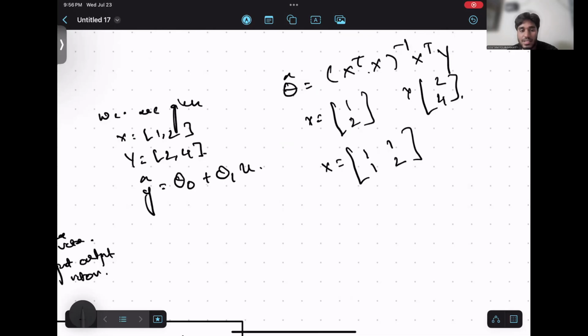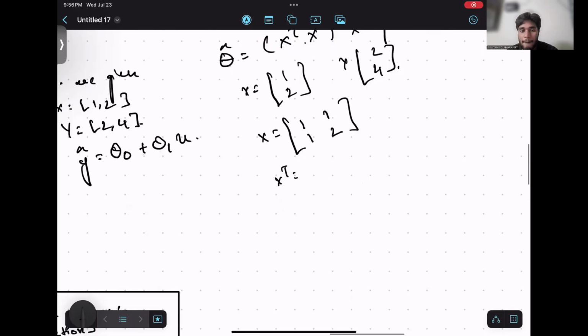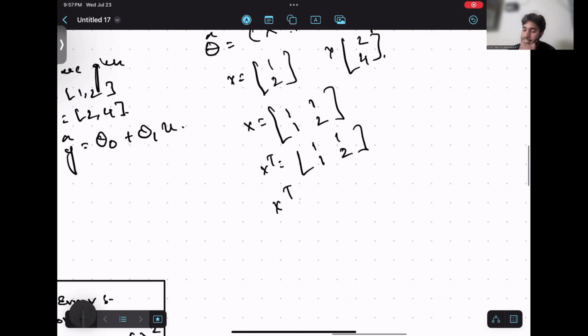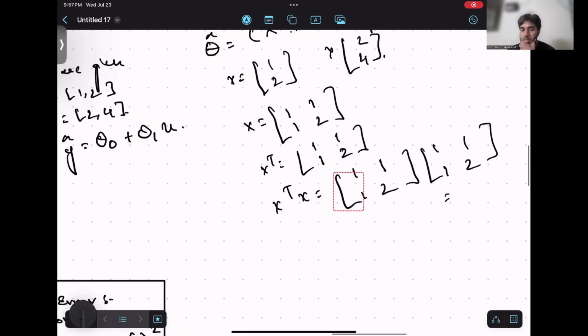Now we'll take the transpose of this matrix, which is equal to 1, 1, 1, 2. Now we find the value of X^T X, which is equal to 1, 1, 1, 2 into 1, 1, 1, 2, which is equal to 2, 3, 3, 5.